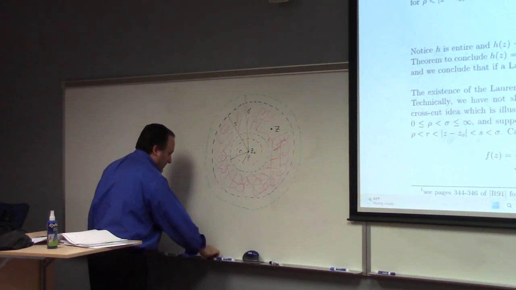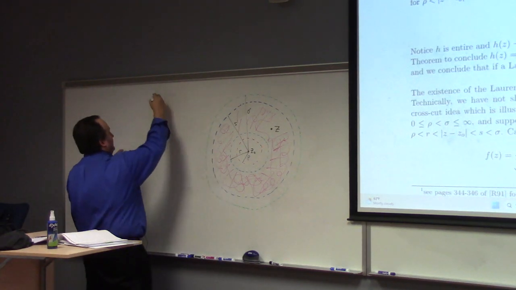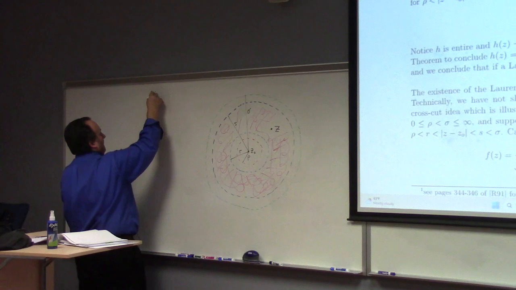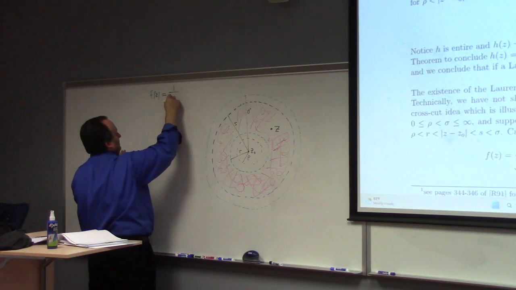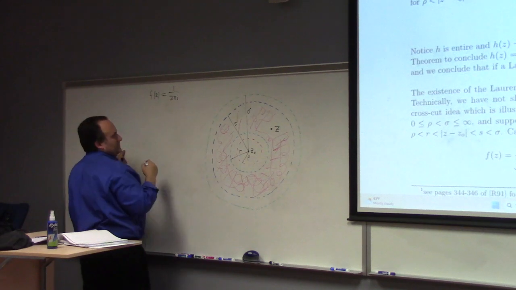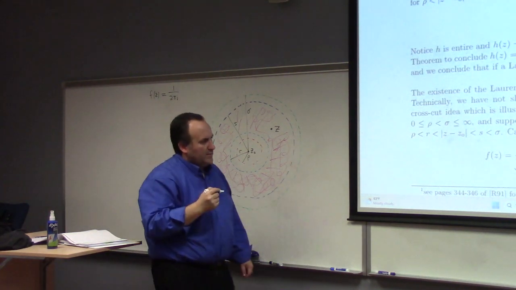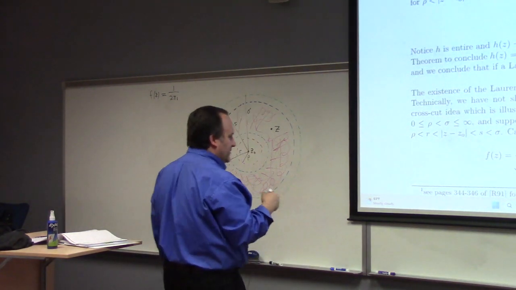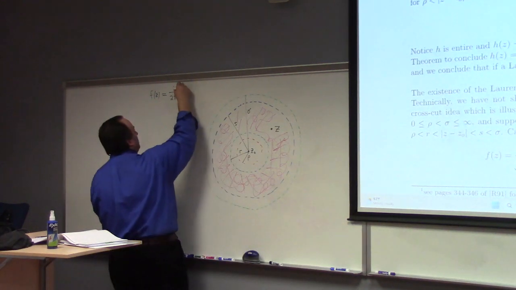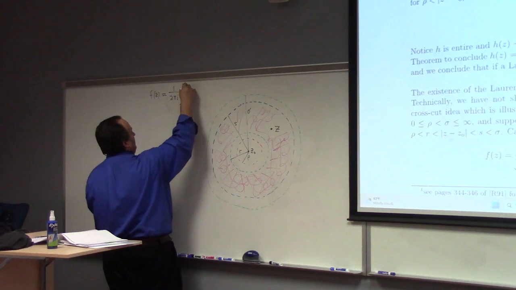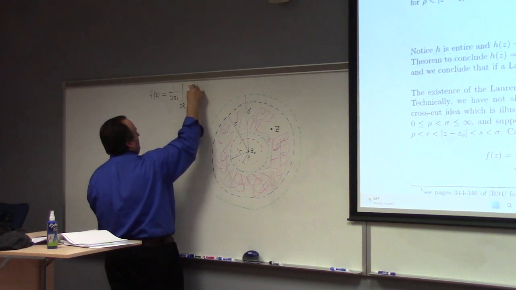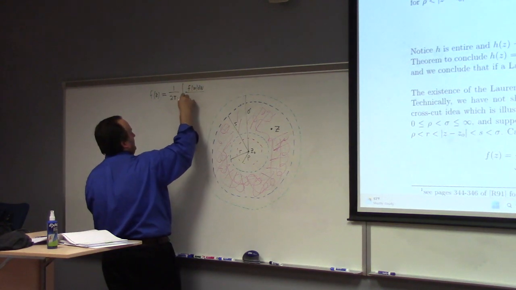Anyway, Cauchy's integral formula says that f of z is equal to what? 1 over 2 pi i, or did I remember it wrong? No, 1 over 2 pi i, integral over the boundary of the region, of f of w dw over w minus z, right?